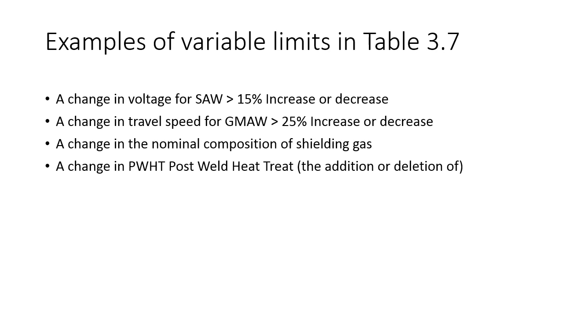A change in the nominal composition of shielding gas: if your weld procedure is written with, say, 85% argon, 15% CO2, and you change it to 90% argon, 10% CO2, you've got to rewrite your weld procedure.